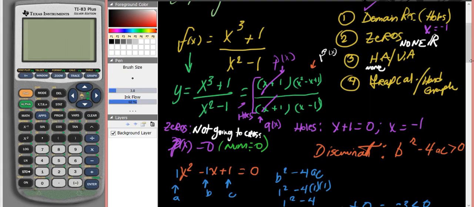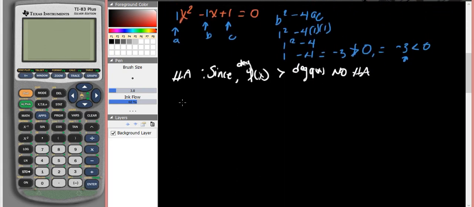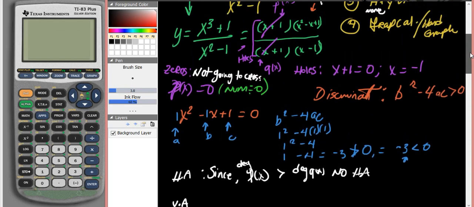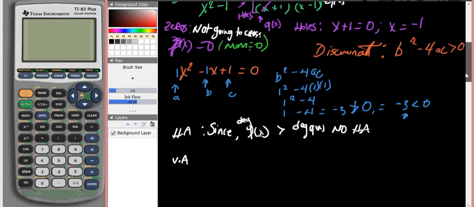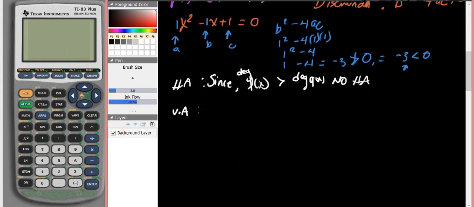Okay, vertical asymptote. Now, vertical asymptote, remember, that's where my function is undefined. And you remember we set the denominator equal to 0, so it'll be x minus 1 set equal to 0. This denominator, Q of x, we'll set that equal to 0, which will be x minus 1 is equal to 0. I advise you guys to write down the steps from the last video, so you'll have them. So we'll take x minus 1 and set it equal to 0.